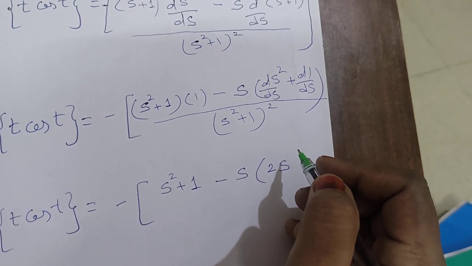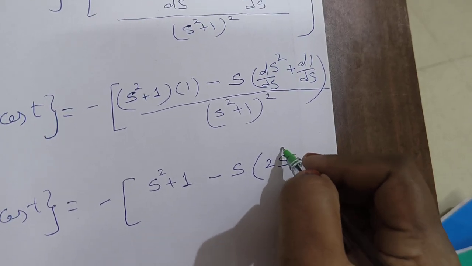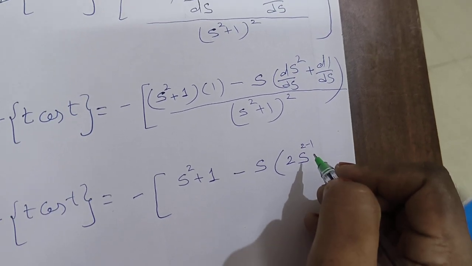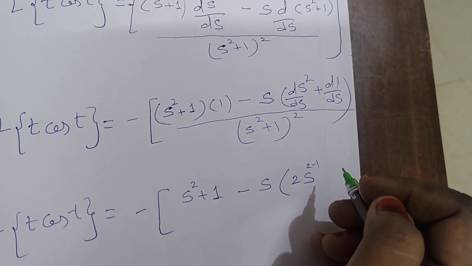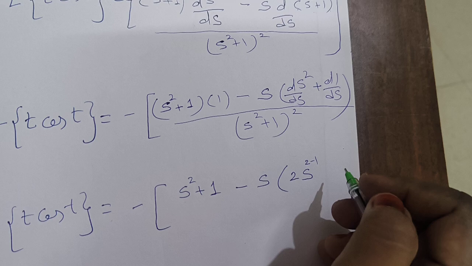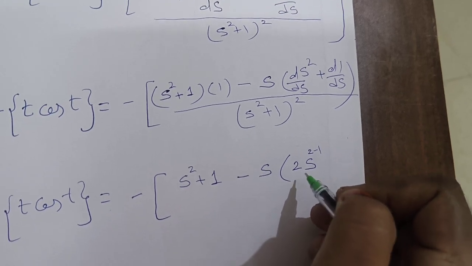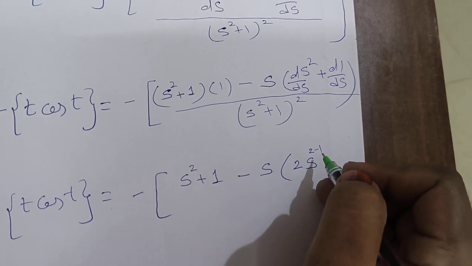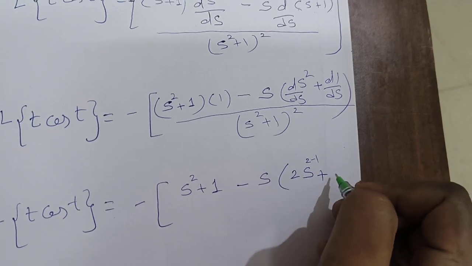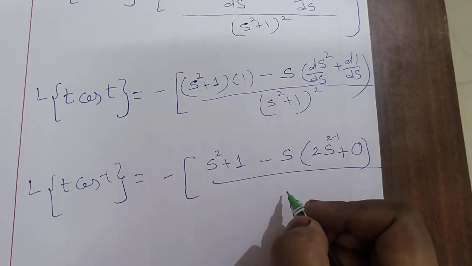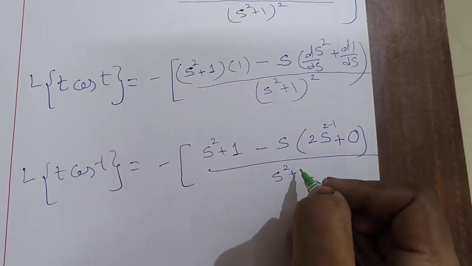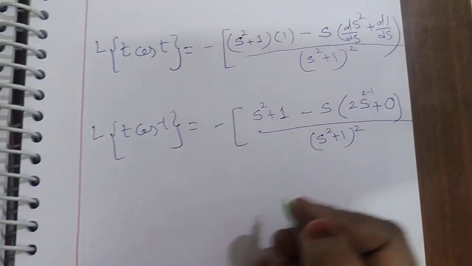It is 2 into s to the power of 2 minus 1. When the function y is equal to x to the power of n, dy by dx is equal to n into x to the power of n minus 1. Here n is 2, so it is 2 into s to the power of 2 minus 1, and the derivative of a numerical value is 0, whole divided by s square plus 1 whole square.